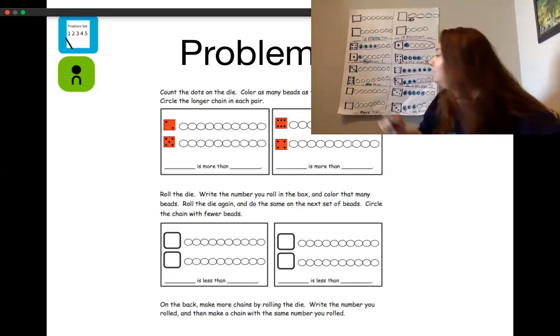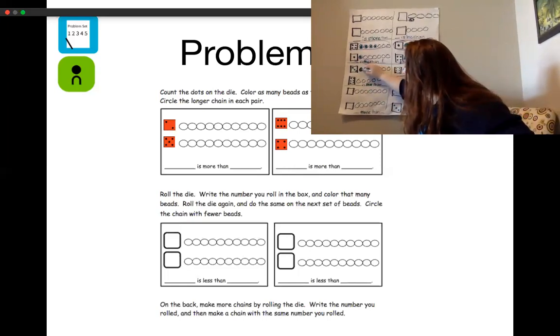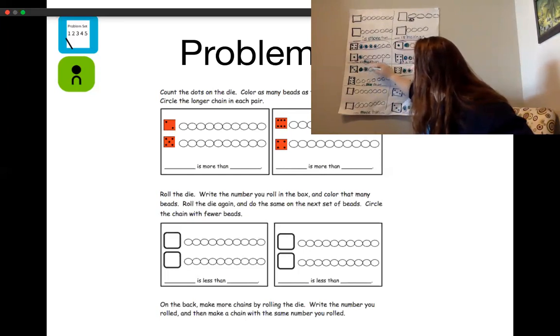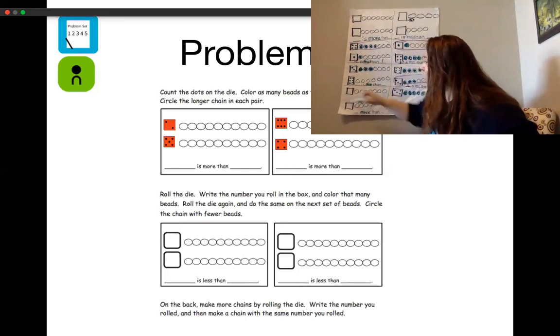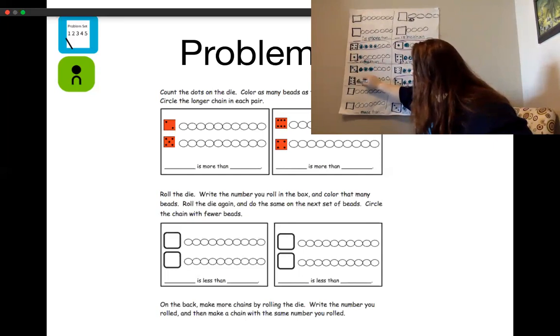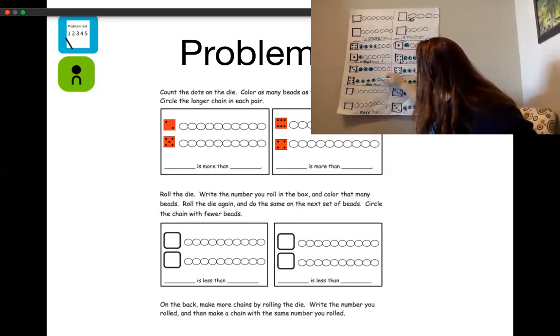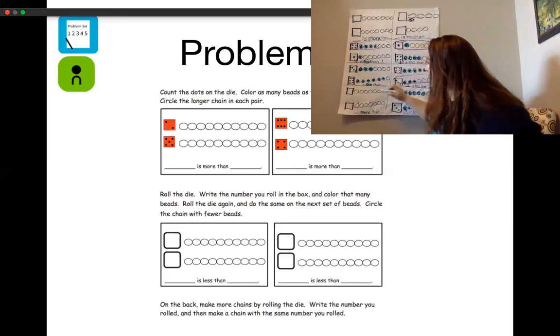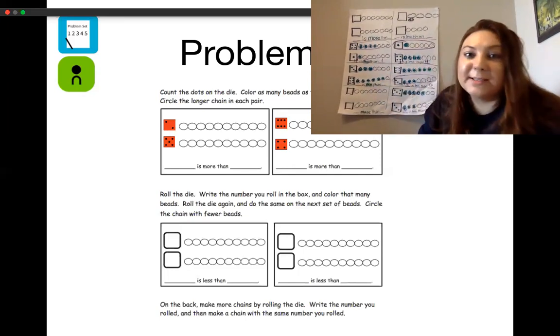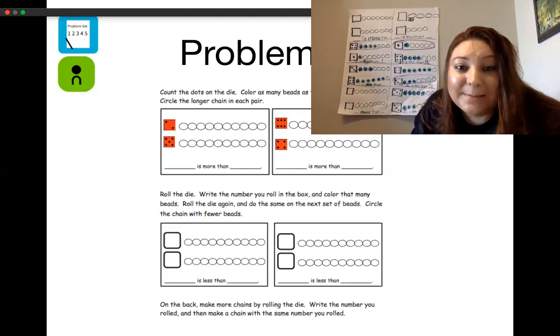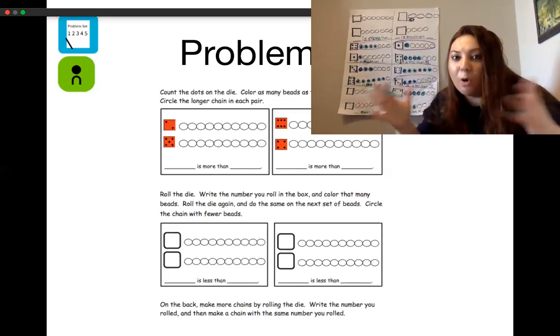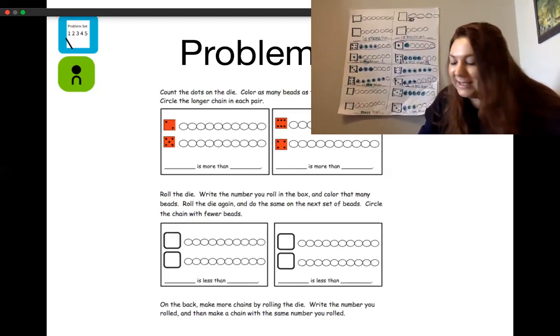Help me count. 1, 2, 3. 1, 2, 3, 4, 5, 6. Our word is more. Which one is more? Yes, the 6.